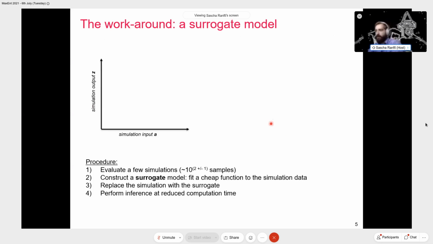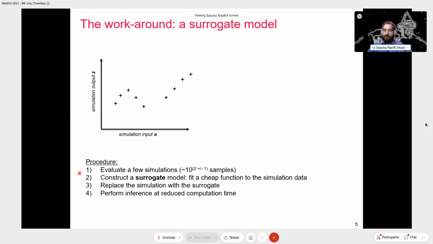There is a workaround that we can use. That is, we construct a so-called surrogate model. Step one, we evaluate a few simulations, maybe a couple of hundred or maybe thousands, as many as we can afford. Then we visualize that in a diagram of simulation output Z versus simulation input A, similar to before, but we have much less data now.